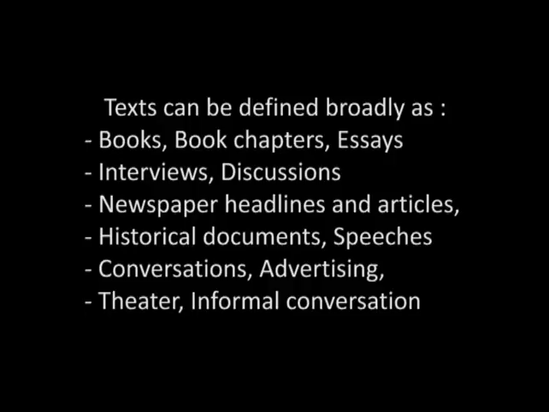Texts can be defined broadly as books, book chapters, essays, interviews, discussions, newspaper headlines and articles, historical documents, speeches, conversations, advertising, theatre, informal conversation, or really any occurrence of communicative language.